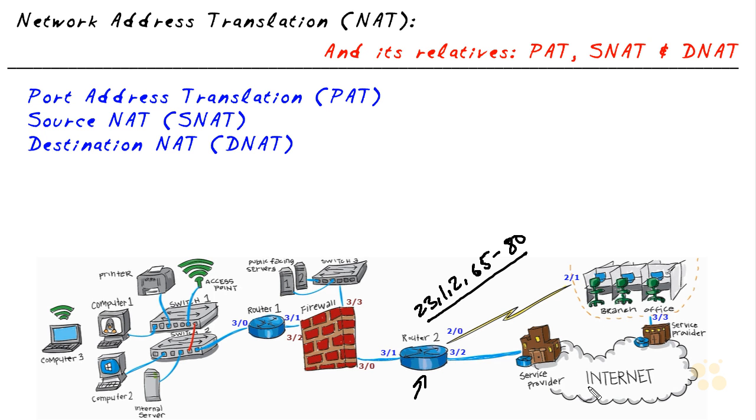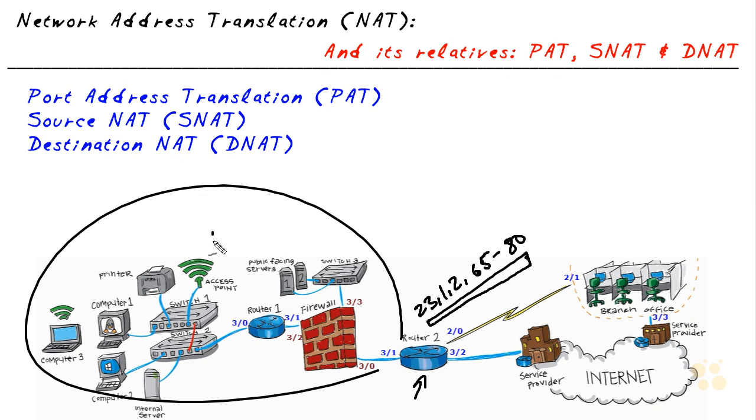So the entire internet and the routing on the internet would have to realize that this IP address space all belongs to this company right here, Acme Incorporated. That way, if a server on the internet ever needs to send a packet to 23.1.2.67, 68, 69, 70, etc., the internet's going to route that traffic over to our service provider, who will then route it back over to us, specifically over to R2.